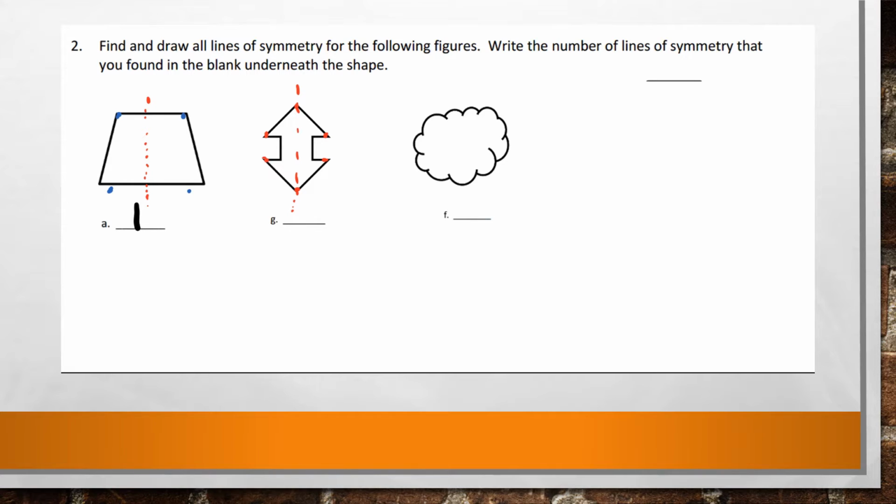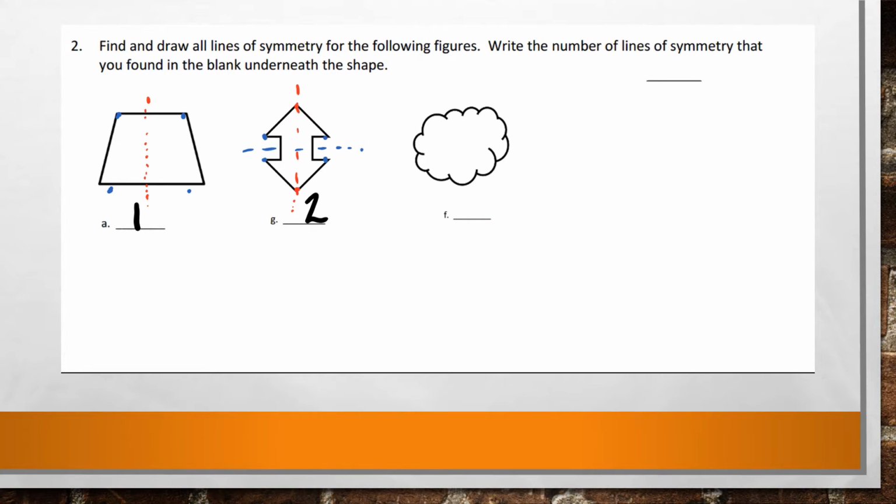Now let's look if I fold it horizontally. Will this point match with that point? Yes. Will this point match with this point? Yes. So I know I also have a line across. I can fold it either way. And so this figure has two lines of symmetry.